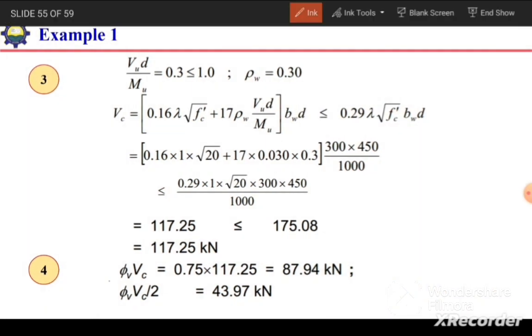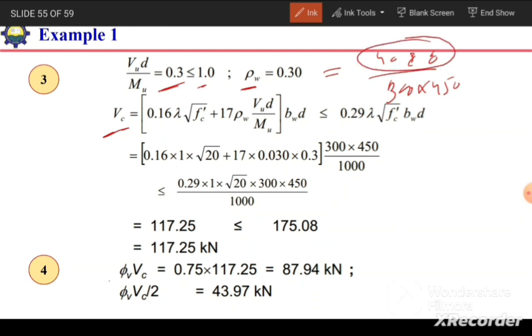After calculating the Vu and Mu value, the next step is again to calculate Vc, and here by substituting the Vu and Mu values it comes out to be 0.3, which is less than 1, and rho w is 0.3. Here it is actually 4080 divided by 300 multiplied by 450.